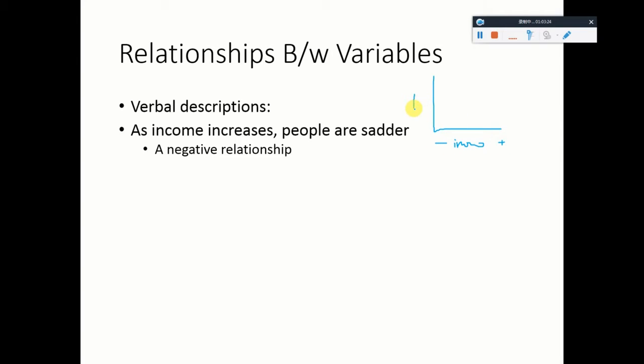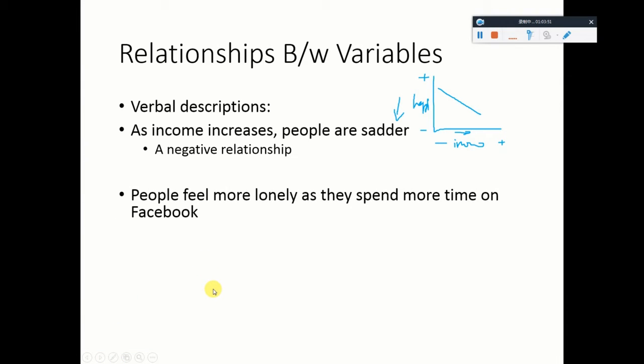We have happiness here, sad, happy. So if you plot this relationship, as income increases, people are sadder, it's a line like this. Therefore, it's a negative relationship.